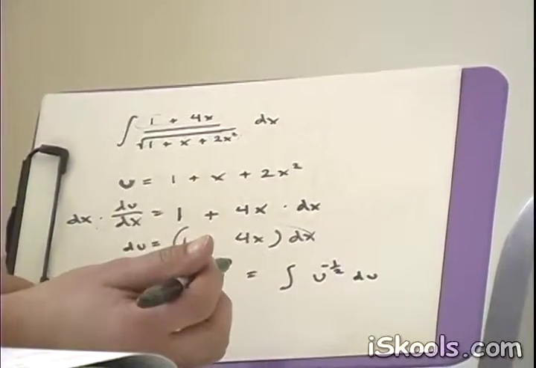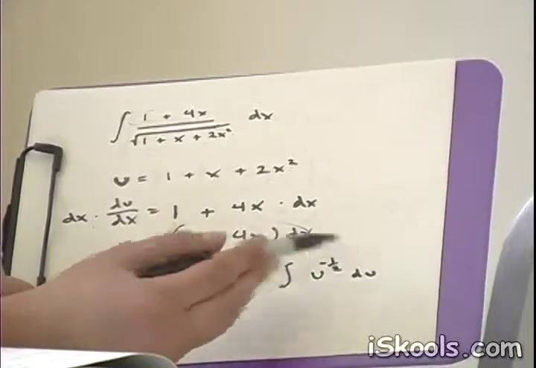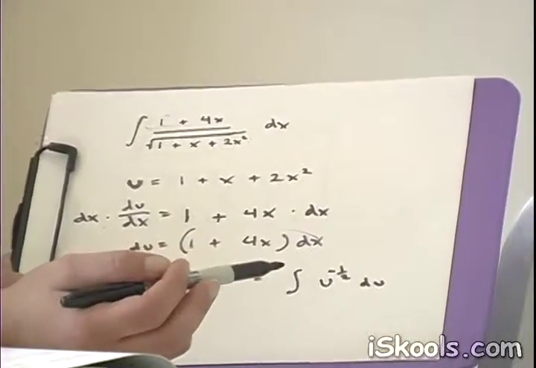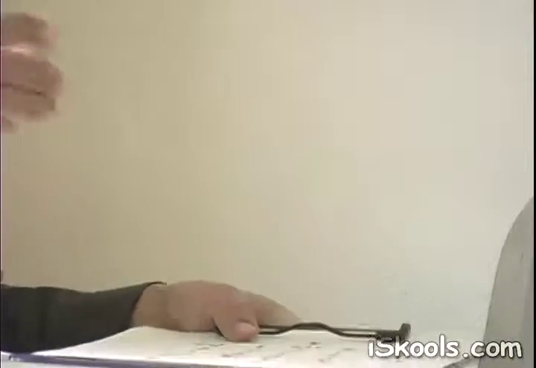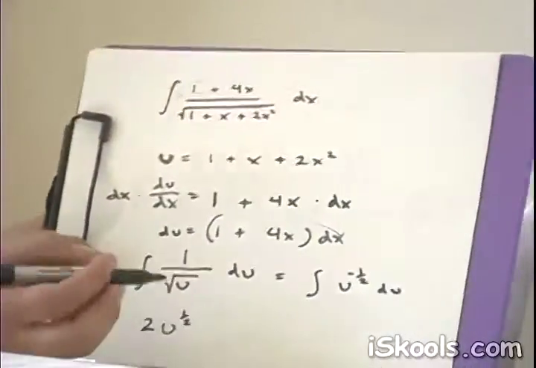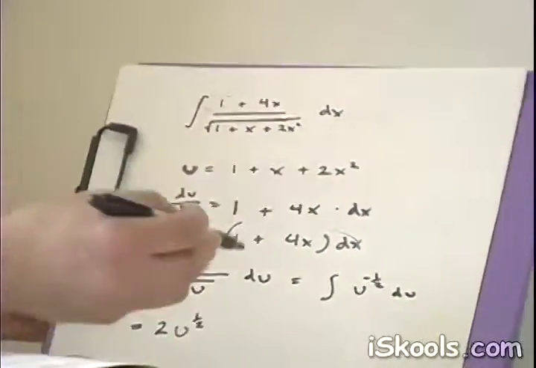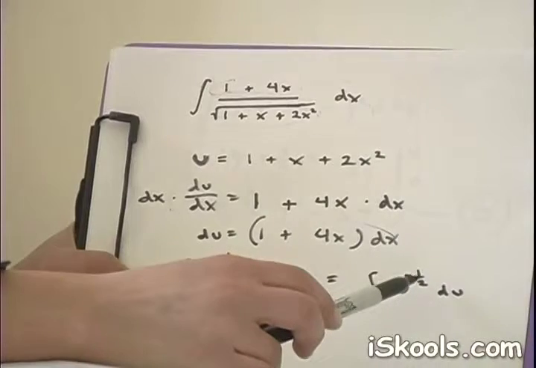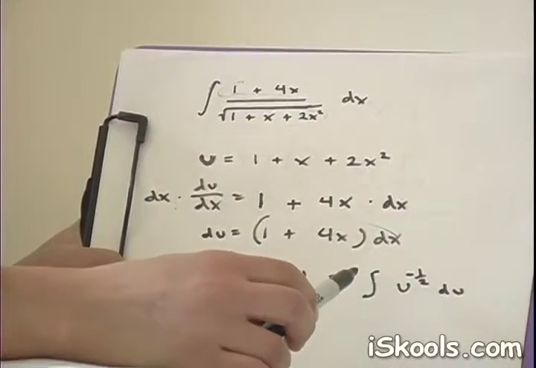Now I can take the antiderivative of that because it's completely prepared for that process now. u to the 1/2, and then if I write a 2 in front of that, this would be the antiderivative of u to the negative 1/2.